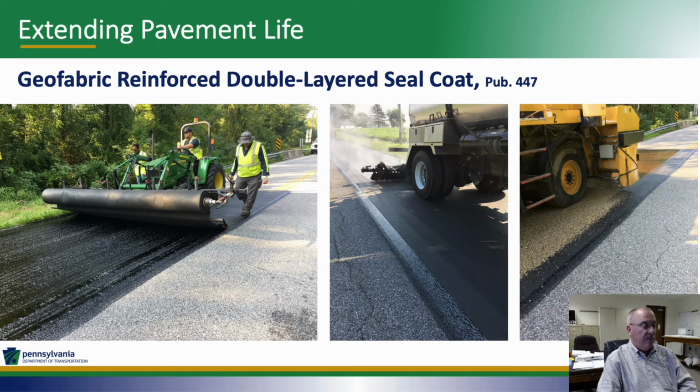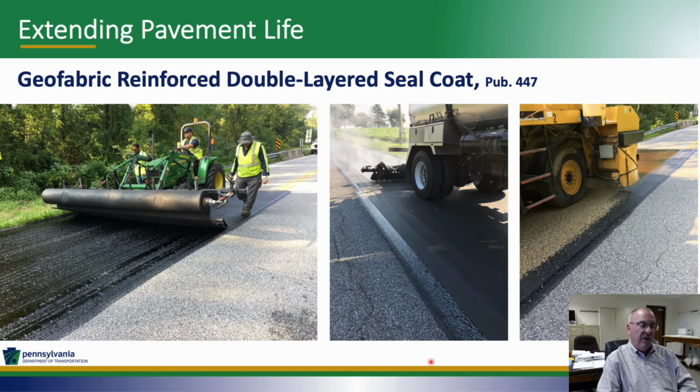You'll see, I'll use my little laser pointer here, in the first photo on the left, the PG material is sprayed onto the road, immediately followed by the contractor spreading the engineering fabric, the paving fabric, down on top of that. The photo in the center shows the fabric on the road and the contractor applying the first application of emulsion to the roadway.